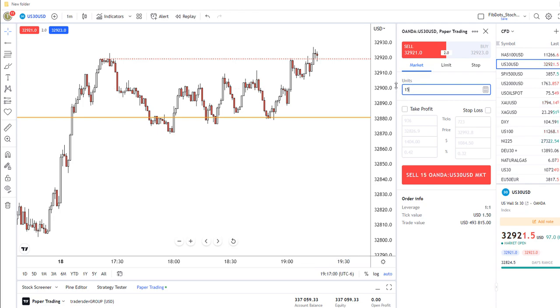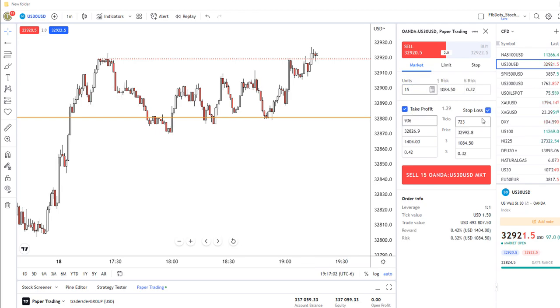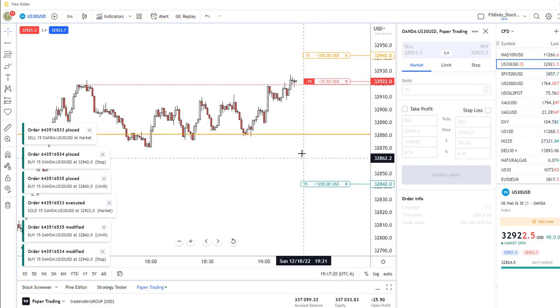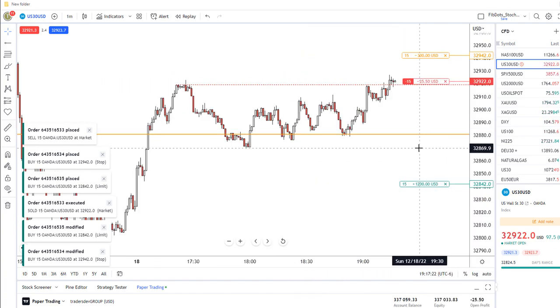US 30, we use different size here. We'll go take profit, and then we'll take this down to 400, and then actually we'll do 200, and then we'll do an 800 point target. So that's a 1-to-4 ratio right there. So that would lock in my 4R ratio.